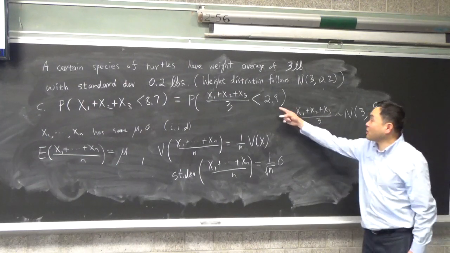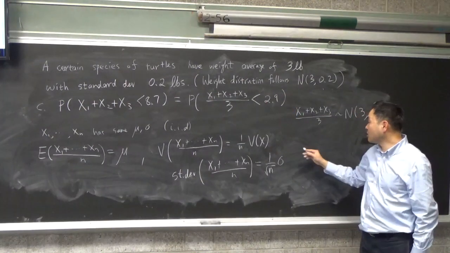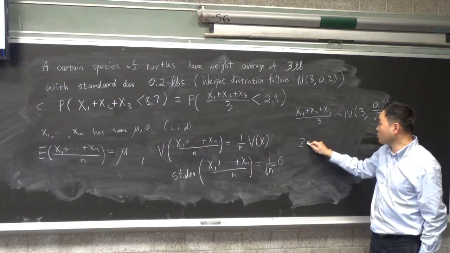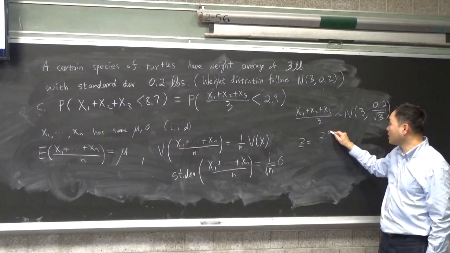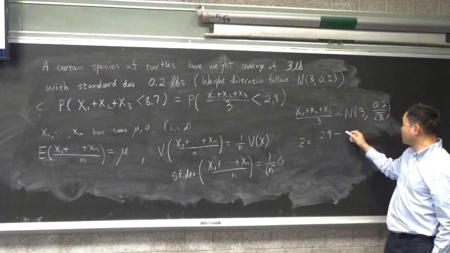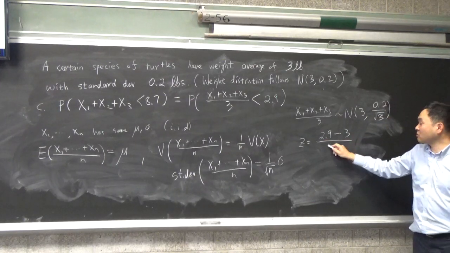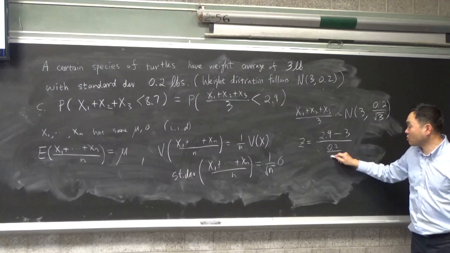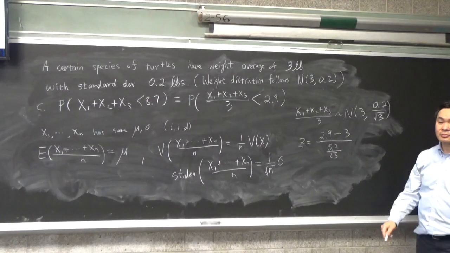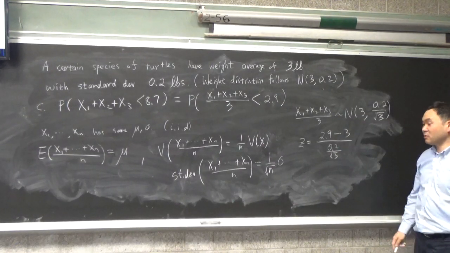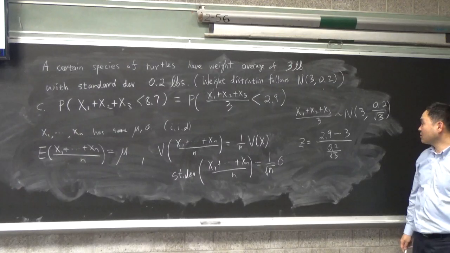Now, that allows us to calculate the z-score of 2.9. So what's the z-score of 2.9? Z-score of 2.9 will be 2.9 minus the average. But instead of dividing by 0.2, you have to divide by 0.2 divided by square root of 3. Somebody help me out here. What is this value?